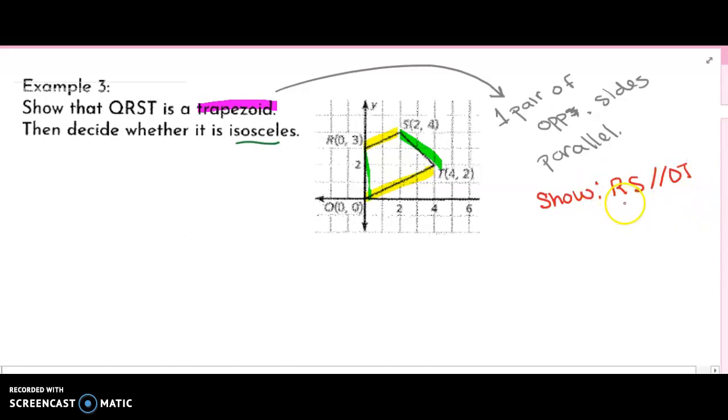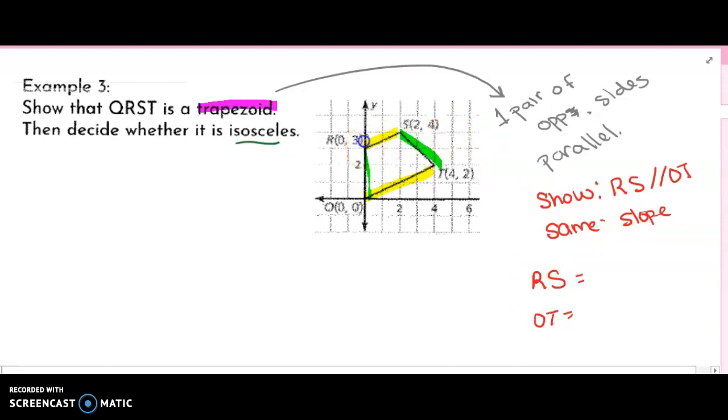So we need to stop and think, how do we know if 2 lines are parallel? Okay, if 2 lines are parallel, that means they have the same slope. Okay, so I'm going to find the slope of RS, and I'm going to find the slope of QT, and if they're the same, then those are parallel.